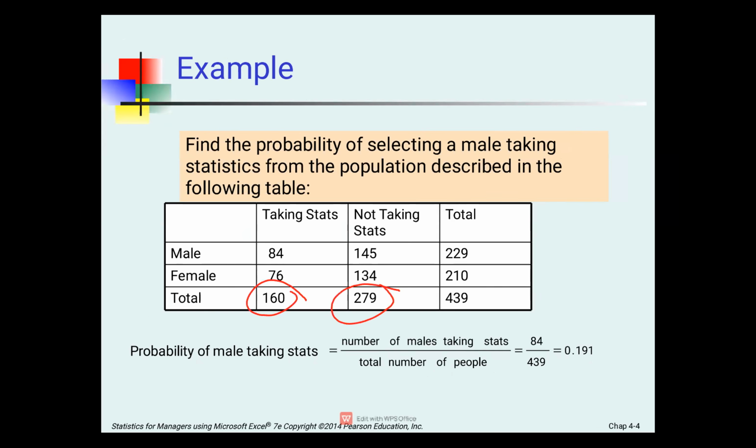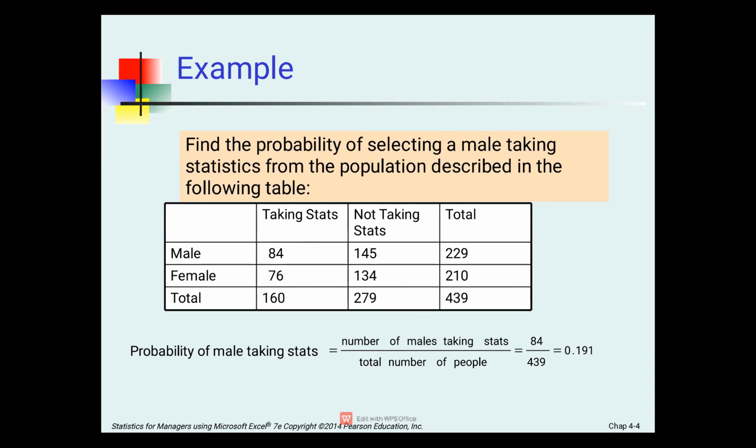And 279 is the total number of those that do not take statistics. When you add along this row, you have the total number of males, and 210 is the total number of females. All the people in the class are 439. Did you get that?